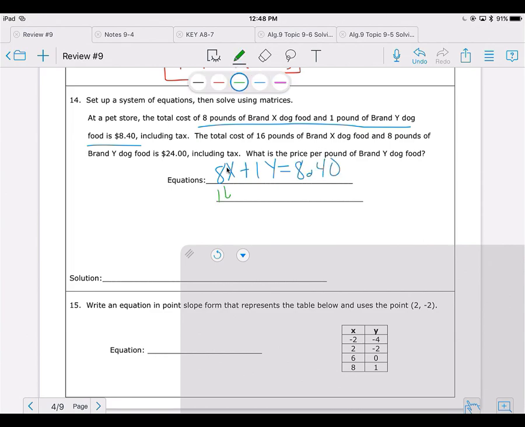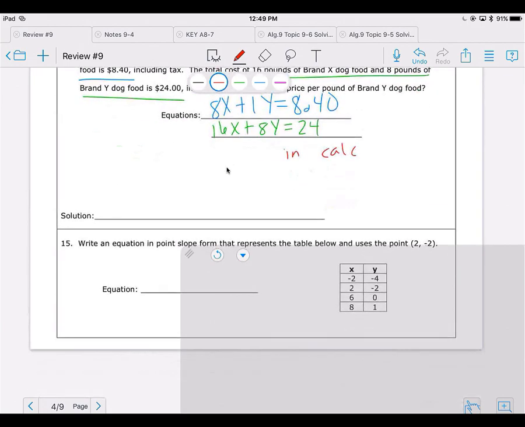And I know that 16 X's plus 8 Y's equals 24. So in the calculator, I'm going to put in 8, 1, 840, 16, 8, and 24, and see what I get.